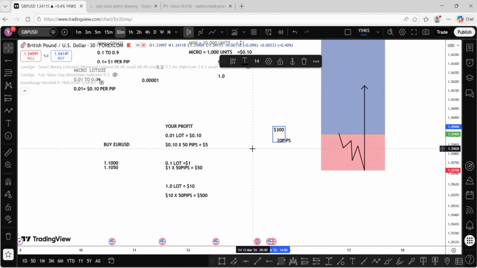All you have to do is take your lot size amount, which is 10 cents, times your pip risk, and that will give you the total amount. Are we following?